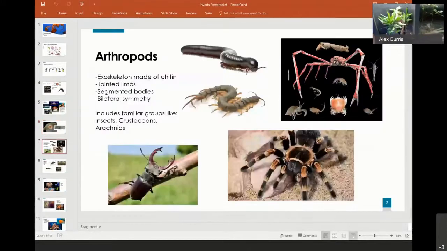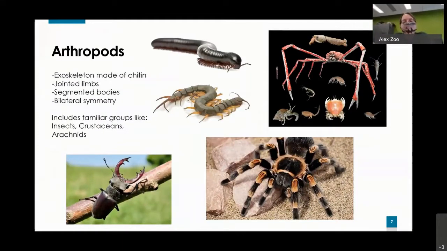So we talked about mollusks and we've talked about worms. What Josh is going to talk to us a little bit about is arthropods. Arthropods don't just include insects; they can also include things like crabs, shrimp, different things like that. And you can see it also has spiders, which are the arachnids.